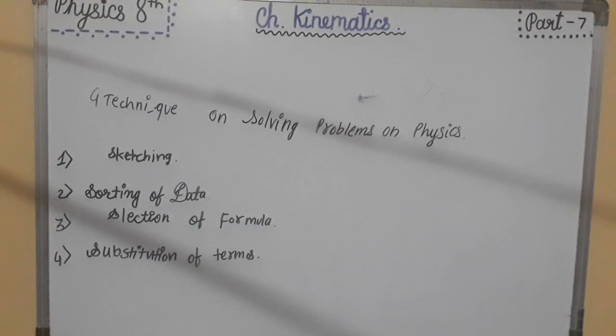Example, if distance is given as 5 meter, we can write it as s is equal to 5 meter. Note that the term that is required should always have a question mark, so that we are clear about the aim of the problem.